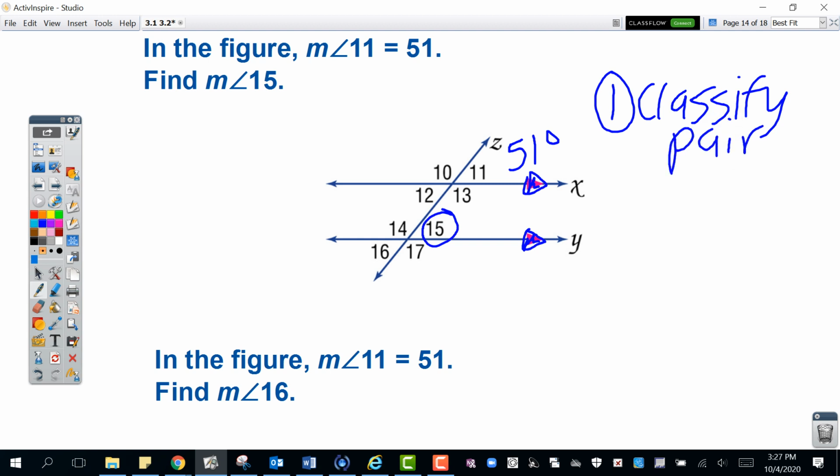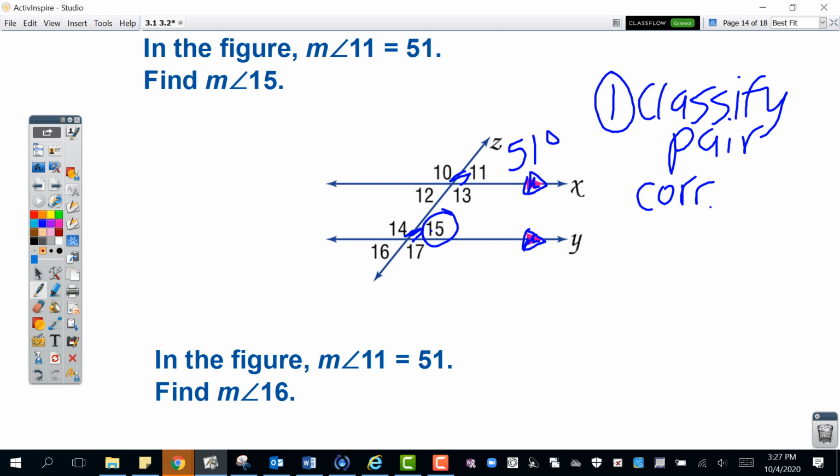So if we look at 11 and 15, kind of like we did last time in 3.1, are they both interior? No, 11's exterior, 15's interior. So if they're not, then we have to say, could it be corresponding? Are they in the same position? Well, if you look at angle 11, it's in the top right, and angle 15 is in the top right. Therefore, they are corresponding angles.